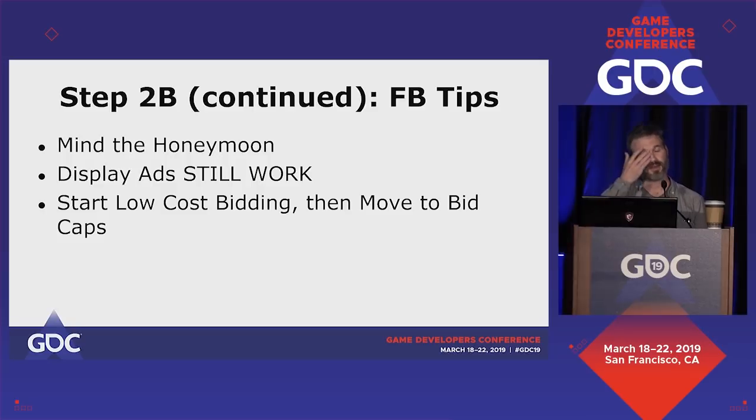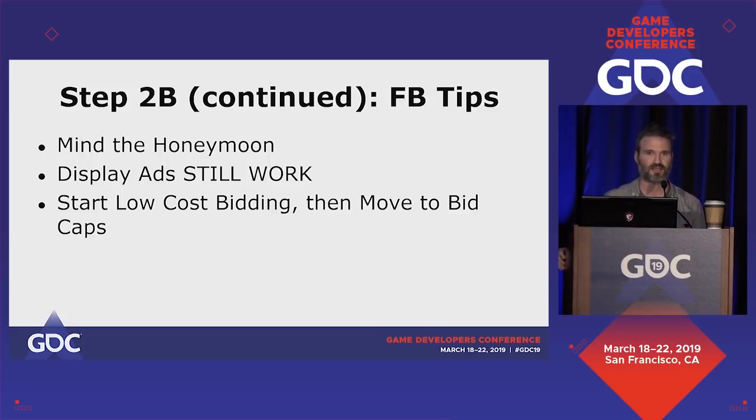Some tips here. Facebook's got a honeymoon period. When you have a new job, a new girlfriend or boyfriend, everything is wonderful for the first couple months, and then you find out what it's really like. Facebook's the same way. The first 2 months, you're going to see amazing CPIs. And in your mind, you're going to say, man, I'm going to be able to spend for days on Facebook with 20 cent CPIs.